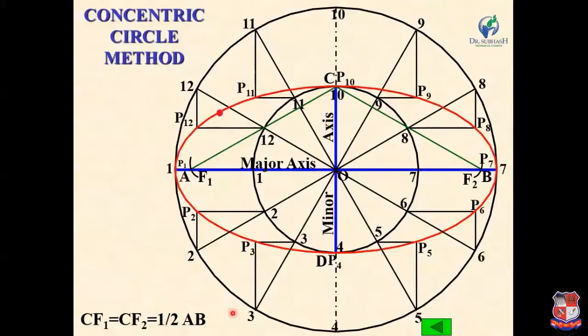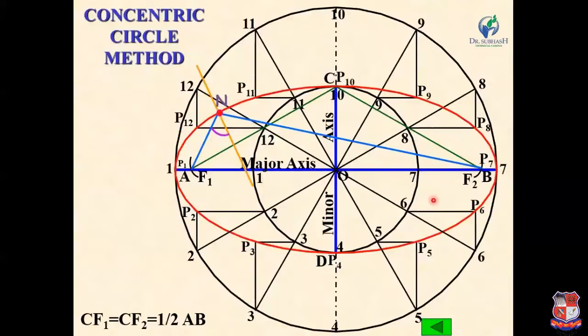Okay. Now, if you want to draw the tangent and normal at any point on this ellipse, suppose you want to draw a normal and tangent at this point N. Then, first of all, join this point N with F1. So, draw line NF1 and join this point N with F2.